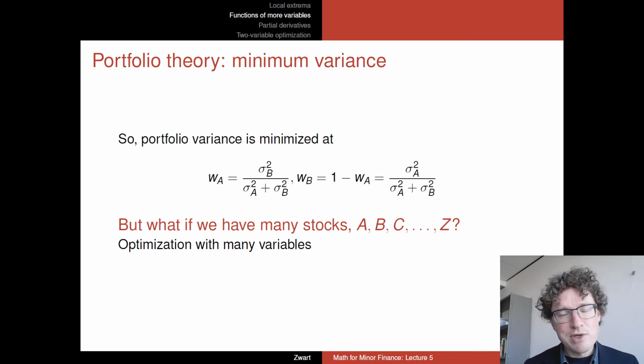So if we want to answer the similar question, what portfolio weights are going to minimize our variance, we have to find lots of different weights, one for each stock that we might buy. So this question relates to optimization again, because we want to minimize something. We want to minimize the variance in this case, but now with many variables, not just WA, but also all these other weights. How should we do that?